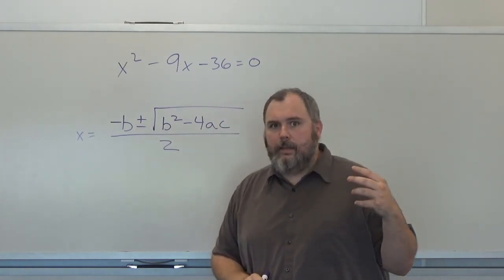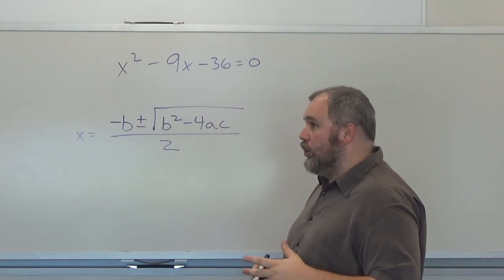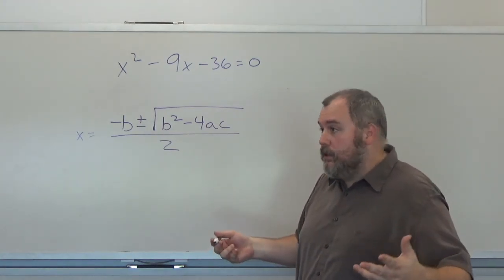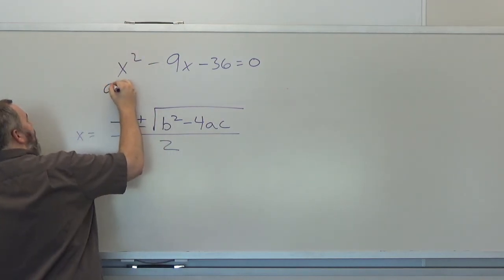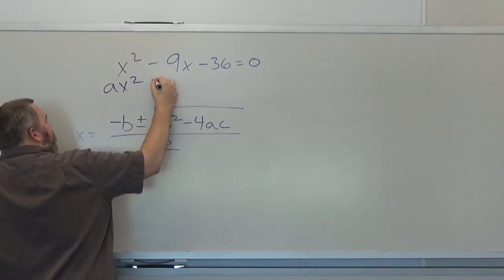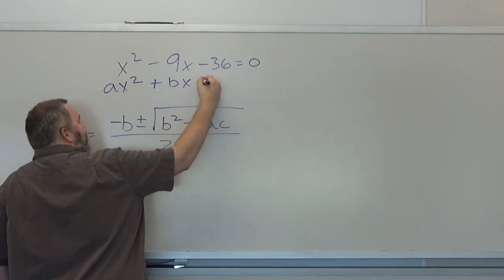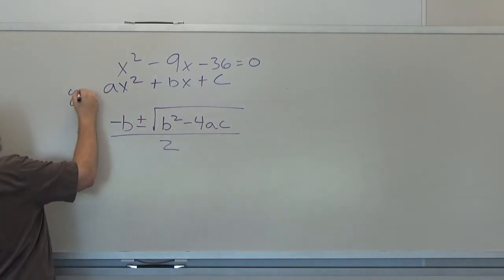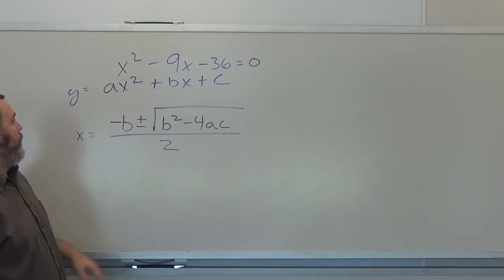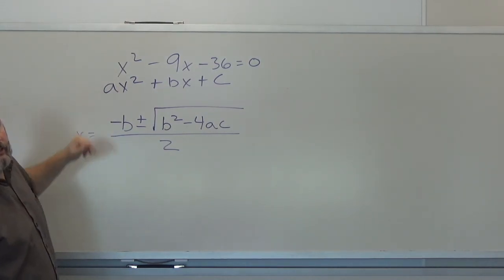So go back to the beginning of this video, and I told you that quadratic equations are always written in this type of format: ax squared plus bx plus c. And it's usually like y equals, okay? Whatever. In this case, it's going to be c. So really, this is the format that I'm interested in.